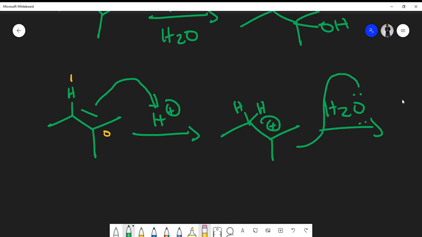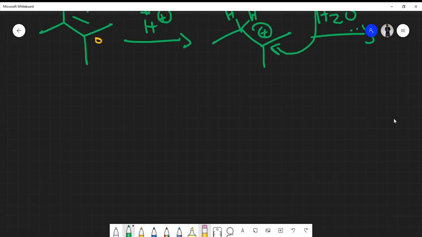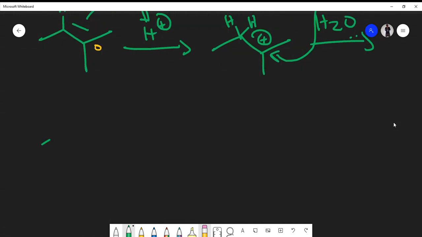So it will come in and attack the carbocation. As a result, I get a carbon that's bonded to an oxygen that has two hydrogens. Now remember that this oxygen now has one lone pair, so this must be a positive charge.